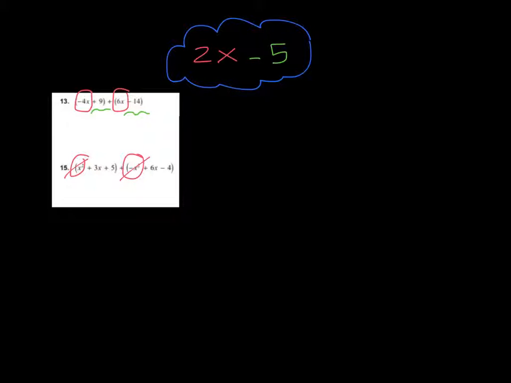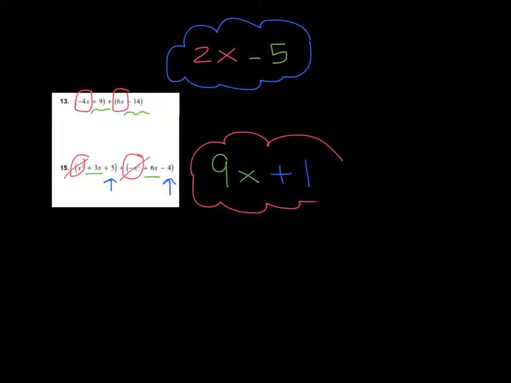Then I have 3x's and 6x's, which makes 9x's. And then I have 5 plus negative 4, which just makes positive 1. And this would be my simplified polynomial. Once again, leading coefficient is 9. It's in standard form. It's degree 1, and it's a binomial because there's 2 pieces.